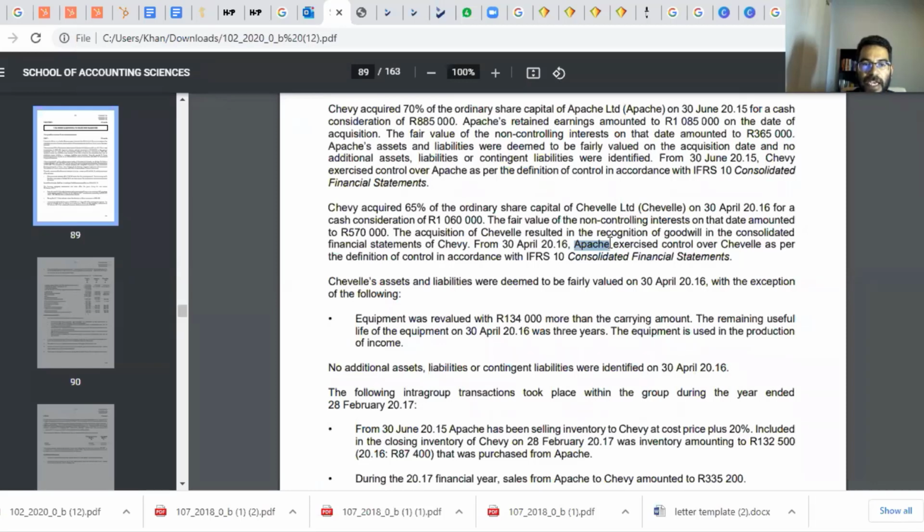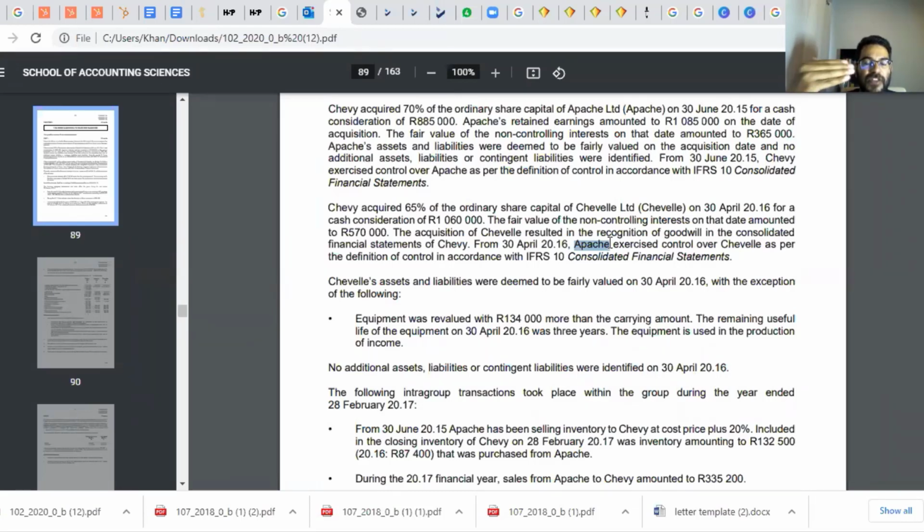So just keep that in mind. We acquired 65%, and the non-controlling interest is measured at fair value at 570,000. Remember the fair value amount for NCI.